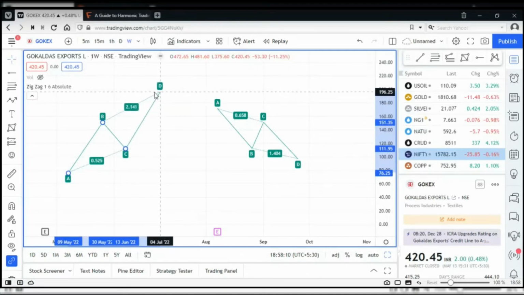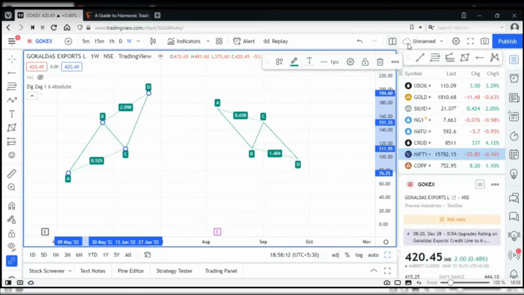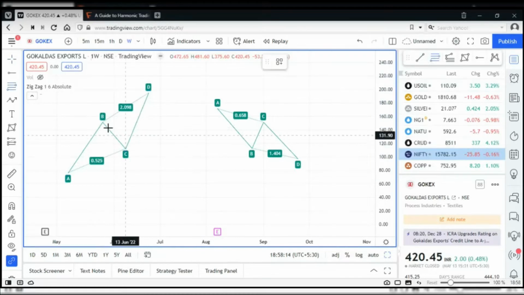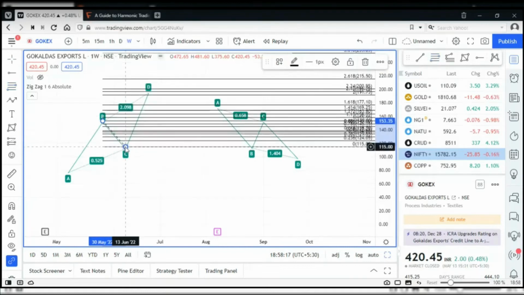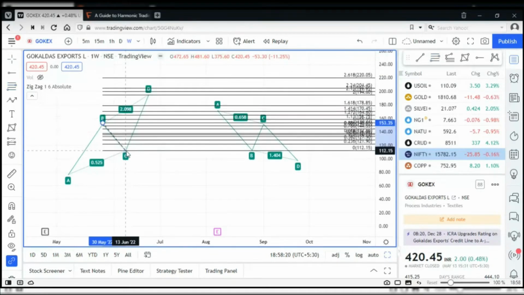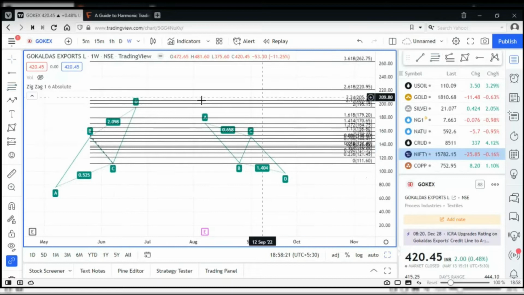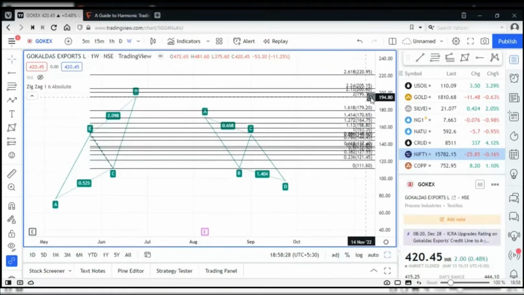So we can't adjust like this. Because of that reason only, we'll use Fibo. We should draw Fibo from B to C. If we draw Fibo from B to C, we'll get value 2. So based on this value 2, what is the price? 195.15.